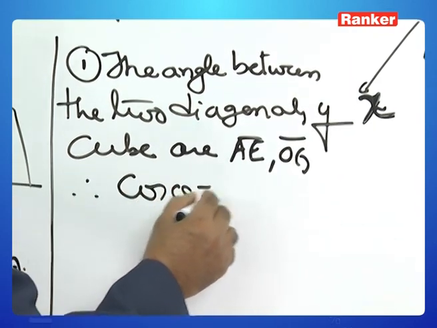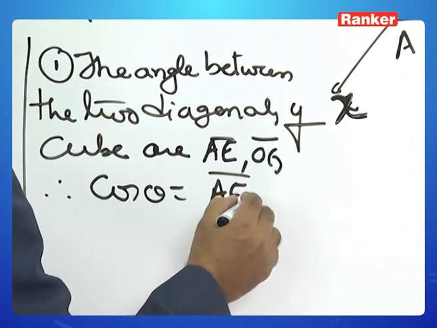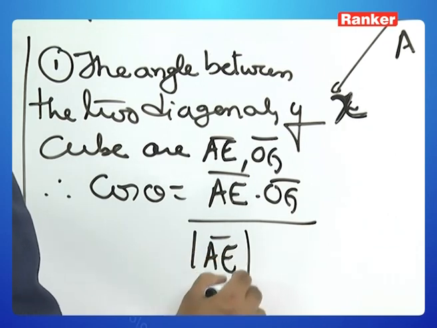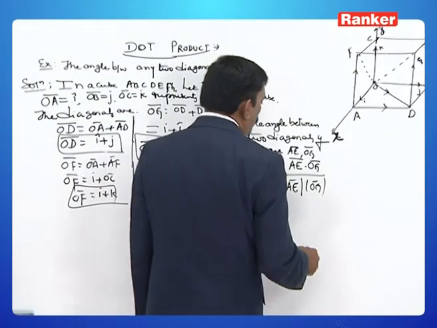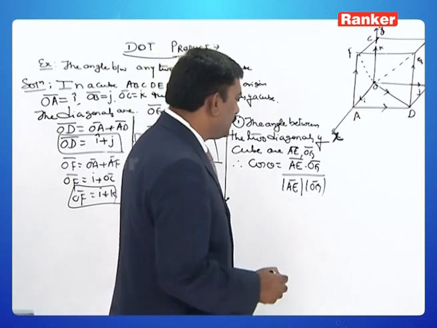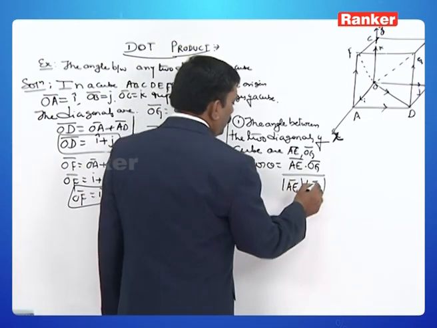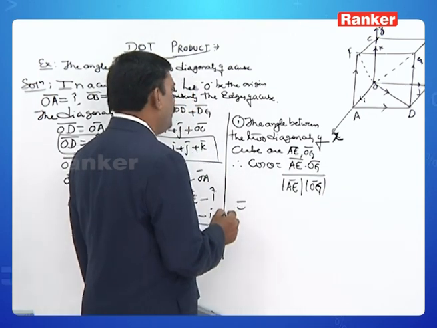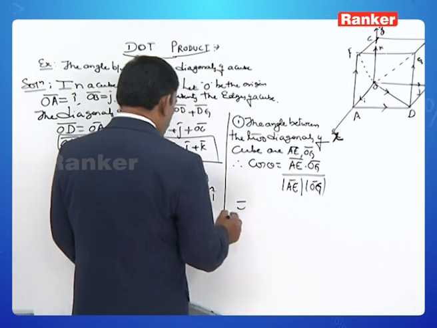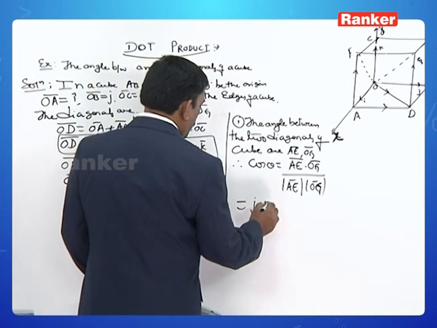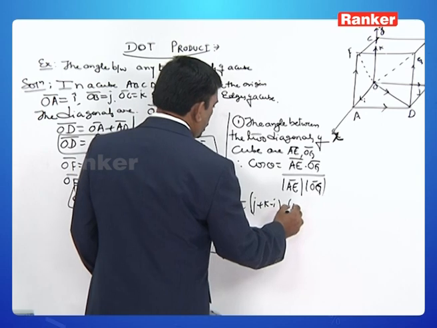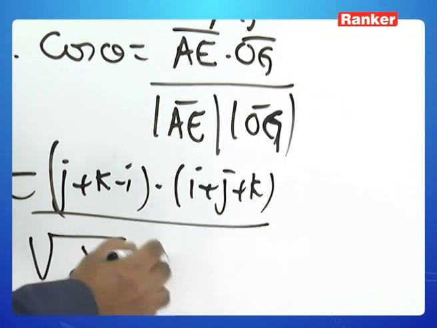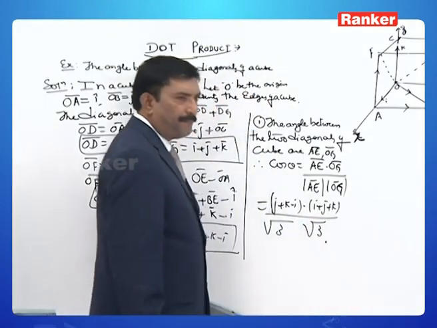Therefore, cos theta is equal to AE bar dot OC bar divided by modulus of AE bar into modulus of OC bar. Take the dot product of AE and OC. What is AE? J plus K minus I, dot I plus J plus K, divided by root 3 into root 3.